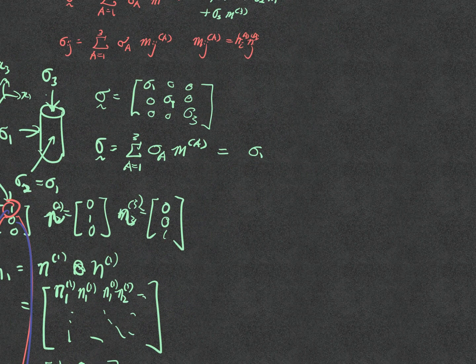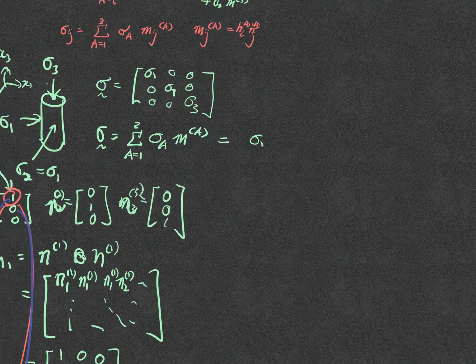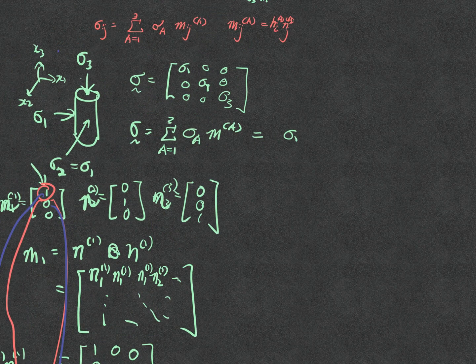So now go back to this. The expression would be N1, M1 plus N2, M2. That is something very interesting here because this is also equal to N1.